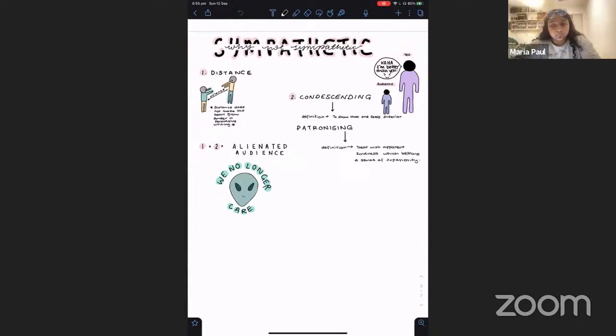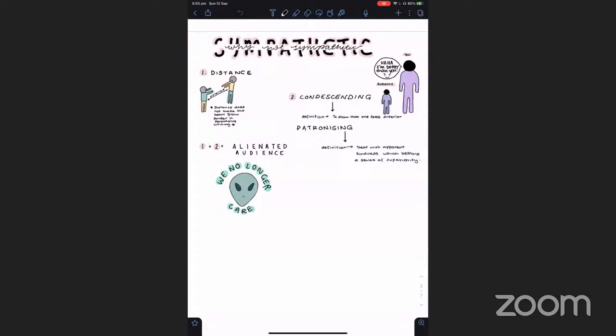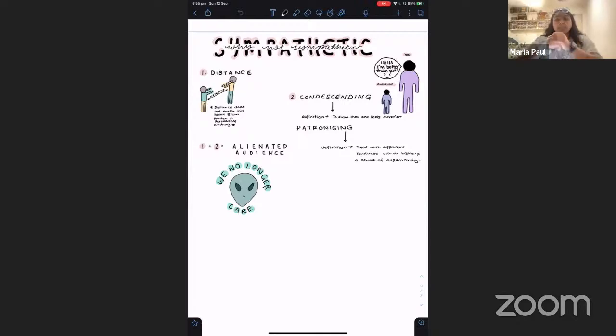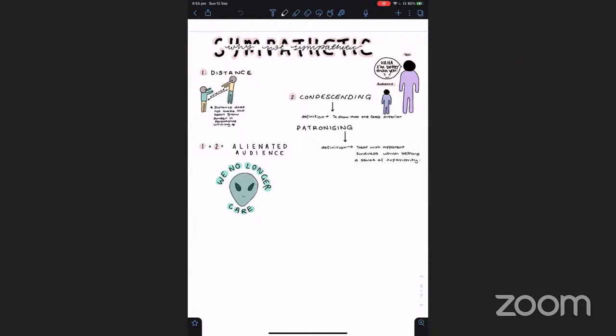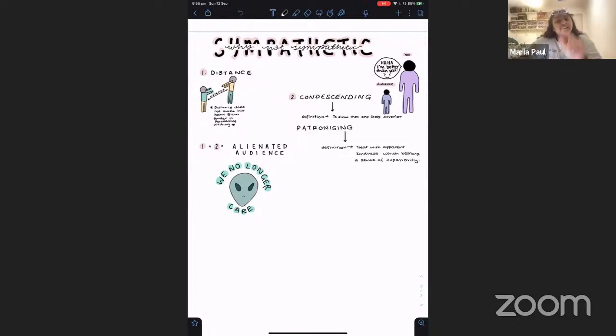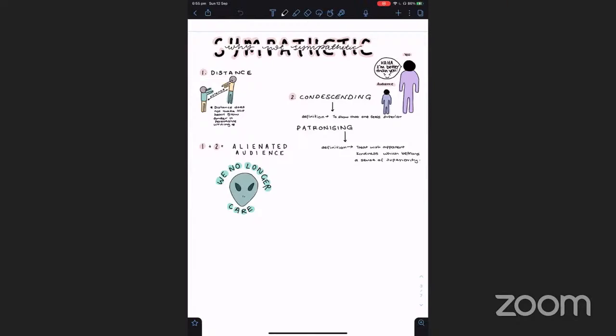For persuasive stories, do you need a specific vocabulary to make it more interesting? Well, firstly, it's not a persuasive story. It's a persuasive text.